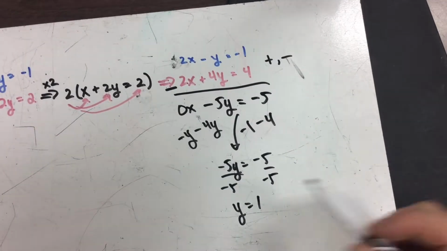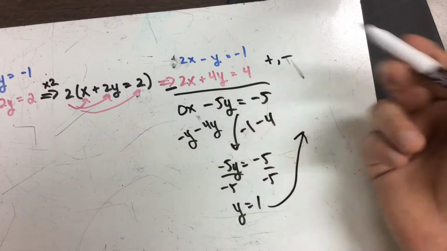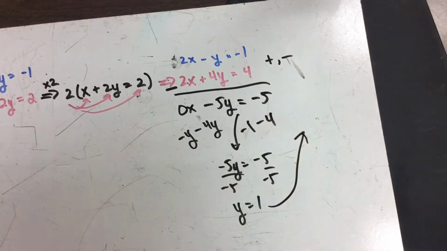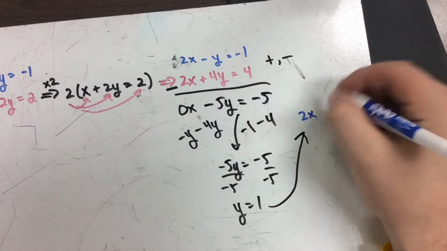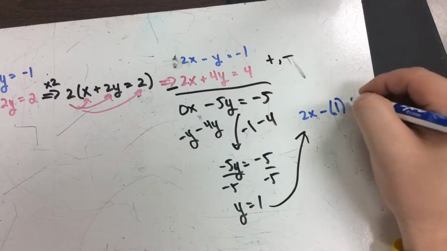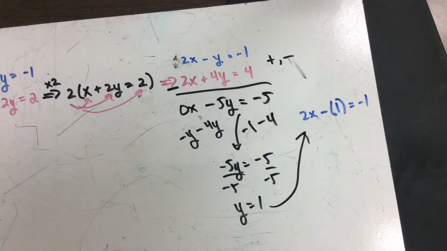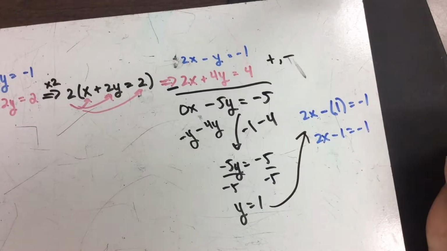Now that I know that y equals 1, I'm going to substitute it into one of the equations. Let's say the blue one here. You're going to have 2x minus y, which we know is 1, equals negative 1. So we have 2x minus 1 equals negative 1.